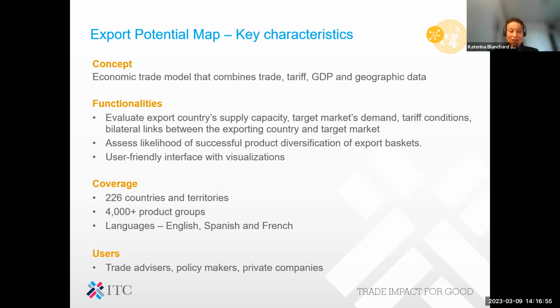And in terms of products, we cover more than 4,000 product groups. This tool is available in English, Spanish, and French. And we believe strongly that it is very useful, not only for trade advisors such as Maria, or perhaps you, but also for policymakers and for private companies. Private companies can find the markets with untapped potential for their products there.